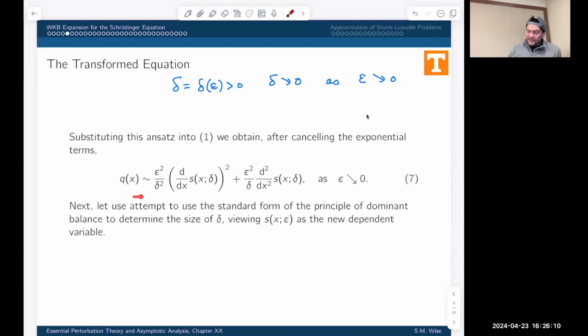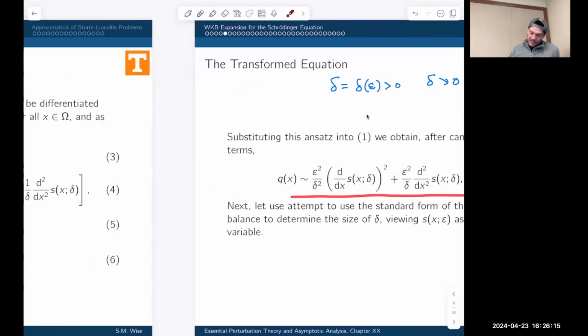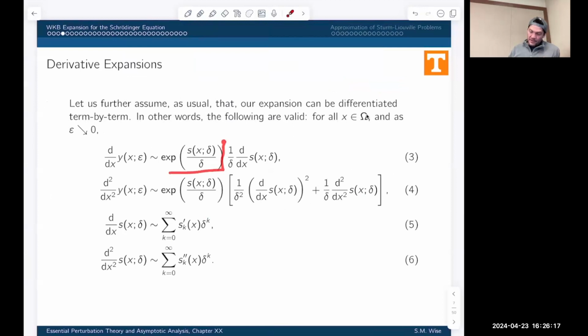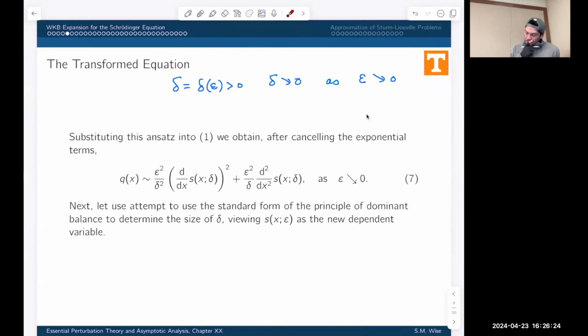Notice that I've already canceled out the exponential term. There's an exponential term of this form that appears in every term. I'm going to assume that that's not equal to 0 and just cancel it, using standard cancellation. Okay, so this is what I have to balance.